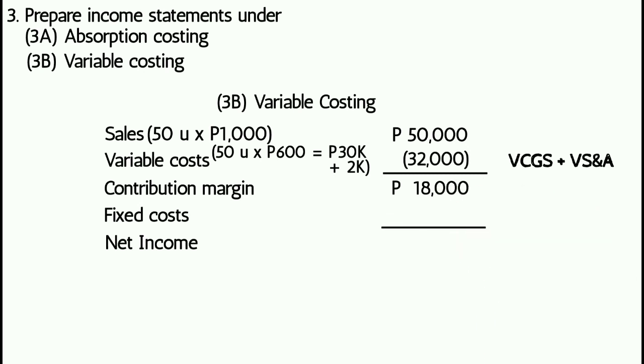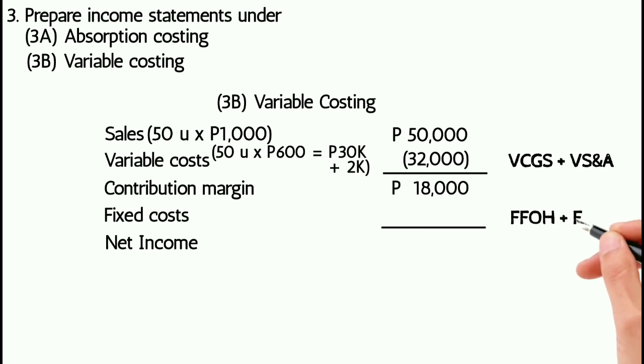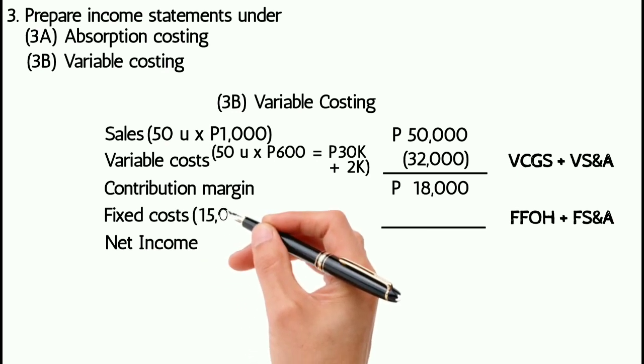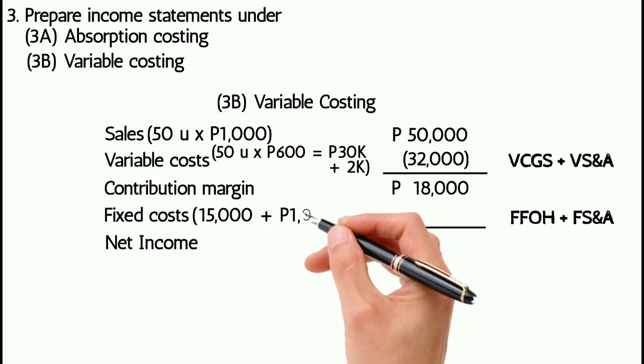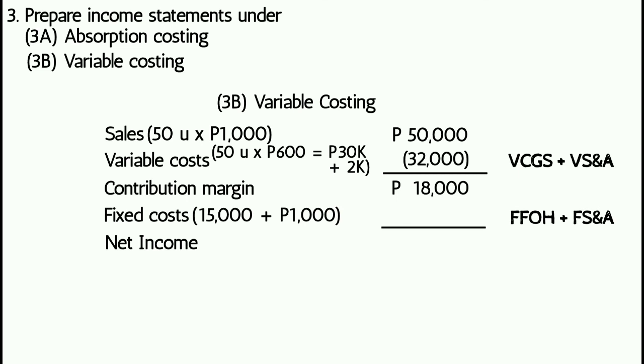Dito naman sa fixed cost, ang included dito ay fixed factory overhead at fixed selling and administrative expenses. Ang fixed factory overhead ay 15,000 pesos. At ang fixed selling and administrative expenses ay 1,000 pesos.